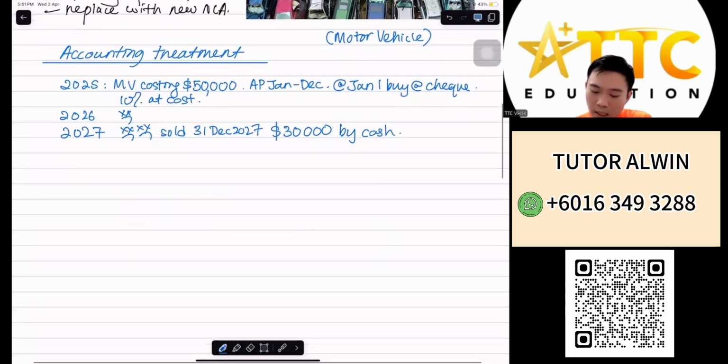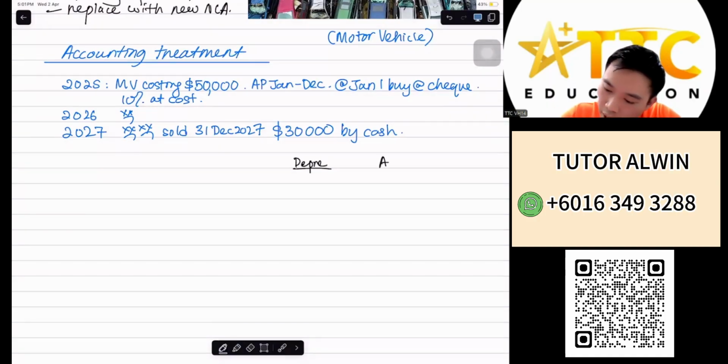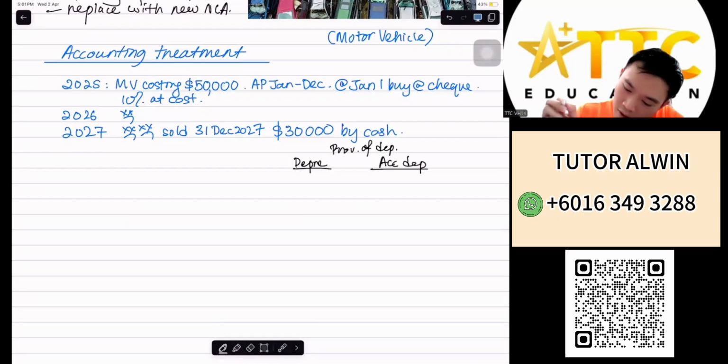Now, the one compulsory thing to do here is the depreciation calculation. Once you are well versed with depreciation, disposal will be easy. So our depreciation, and our accumulated depreciation, or provision for depreciation. In 2025, you buy it at 50,000.